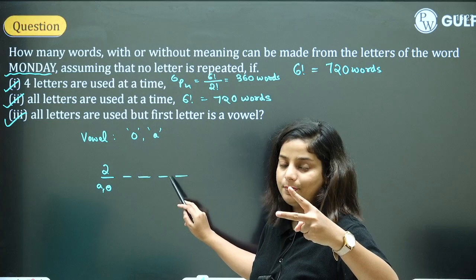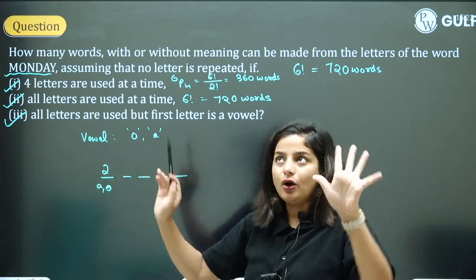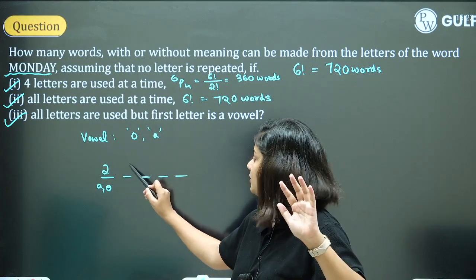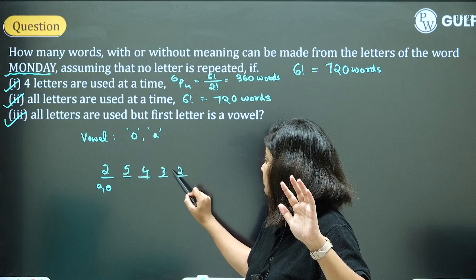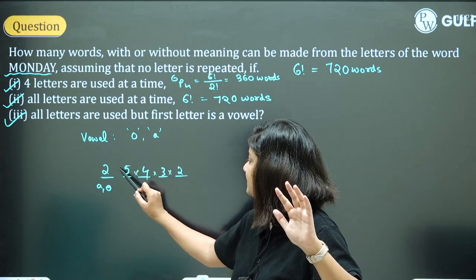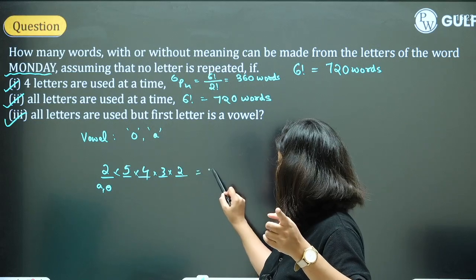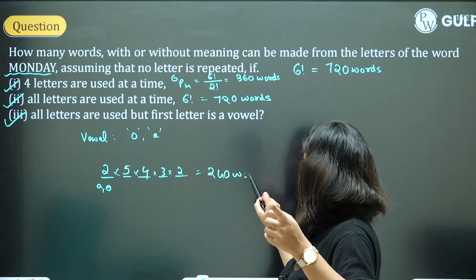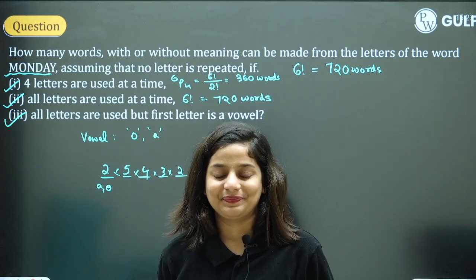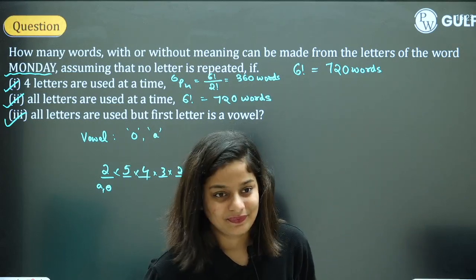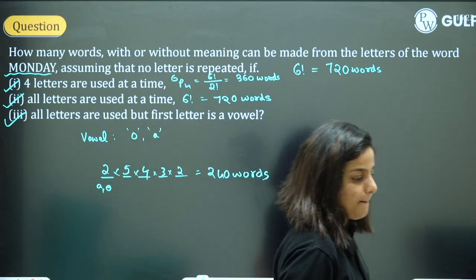Of the remaining spaces, out of 6 letters, 1 vowel is gone. So 5 letters still left, then 4 letters, 3 letters, 2 letters, 1 letter. That gives 5 factorial is 120, into 2, 240. Understood?